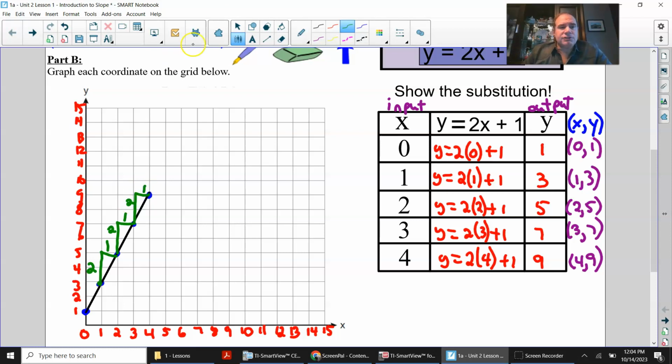So what you can do is rise 2 and run 1, make a point, rise 2, run 1, make a point, and then rise 2 and run 1, make a point, and continue that line. And you notice that it is a perfectly straight line.